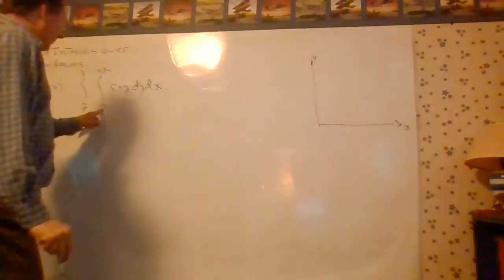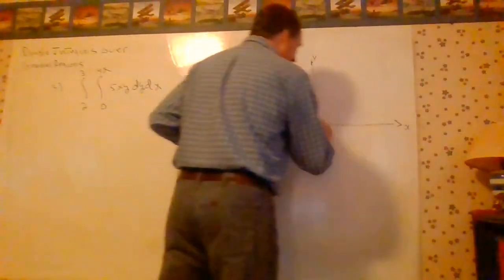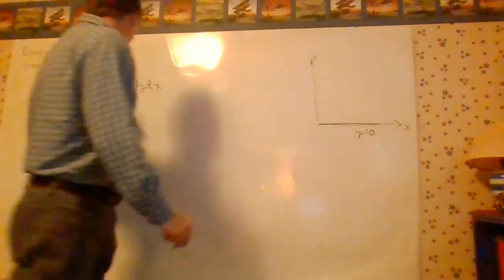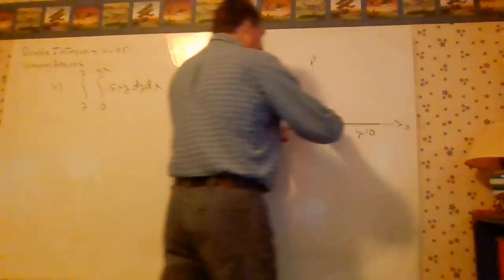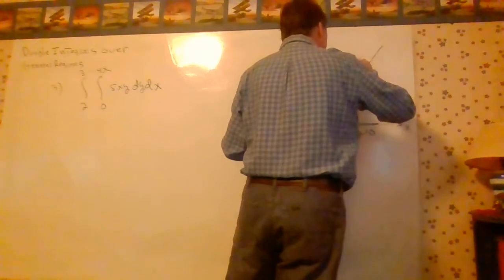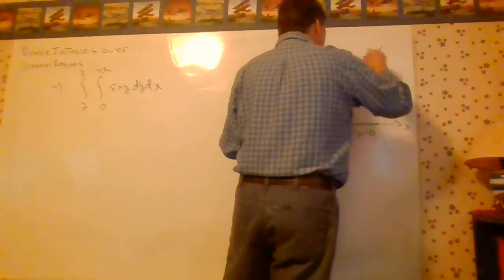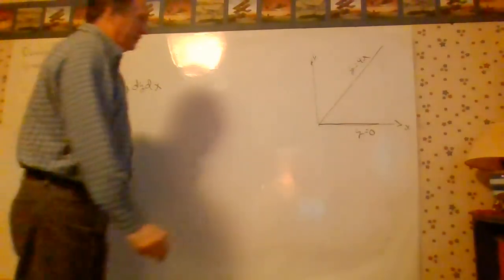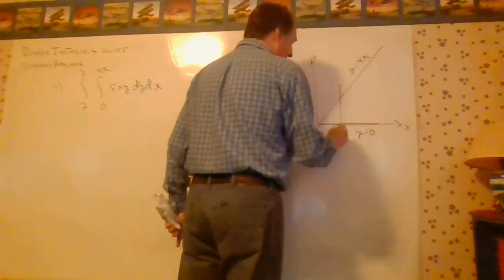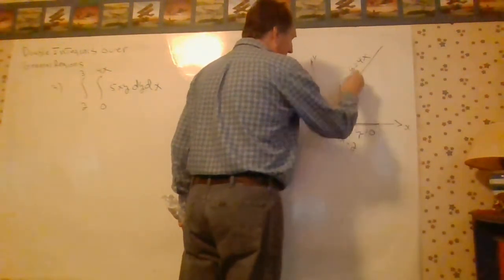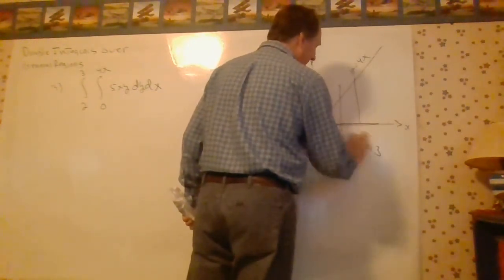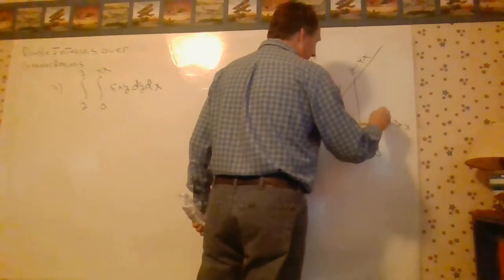You can graph y equals 0 first of all, and that's pretty easy. Easy peasy, y equals 0. And then you can graph y equals 4x. But the problem is x only goes from 2 to 3, so you can sketch x equals 2, x equals 3. Let's move this y equals 0 up here.